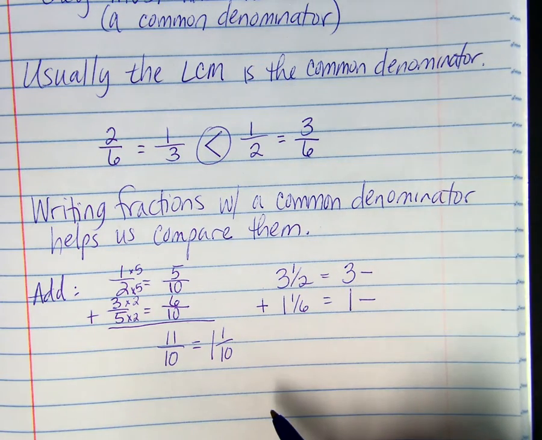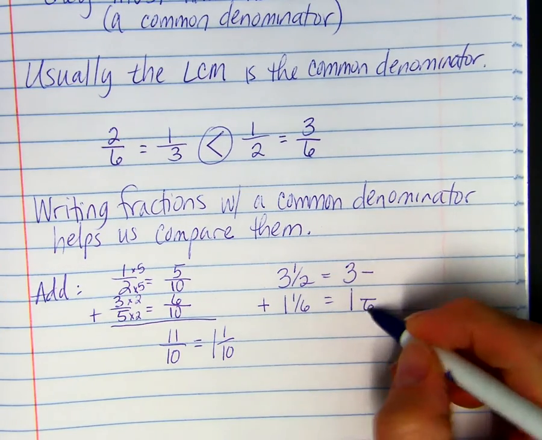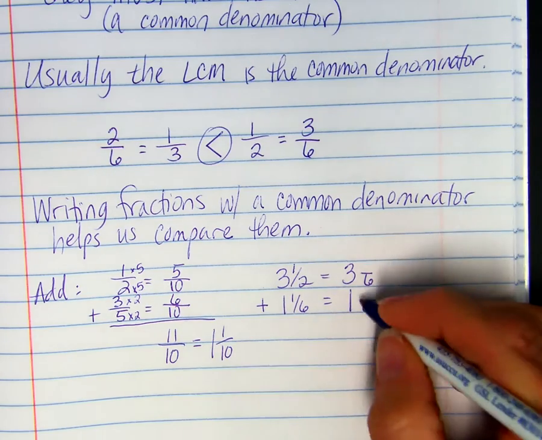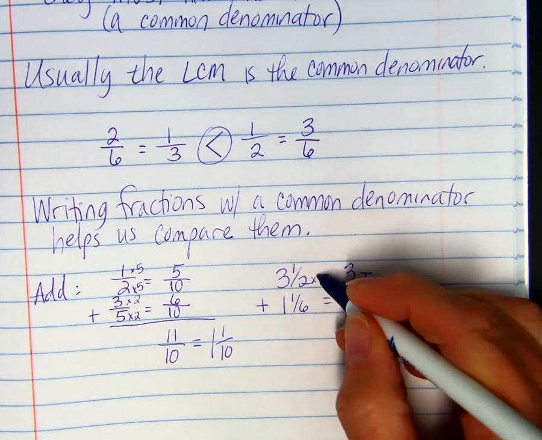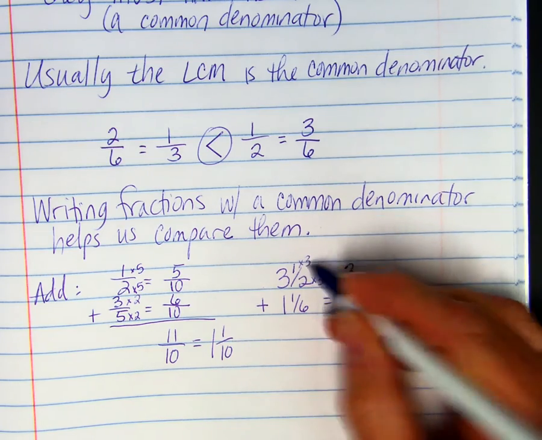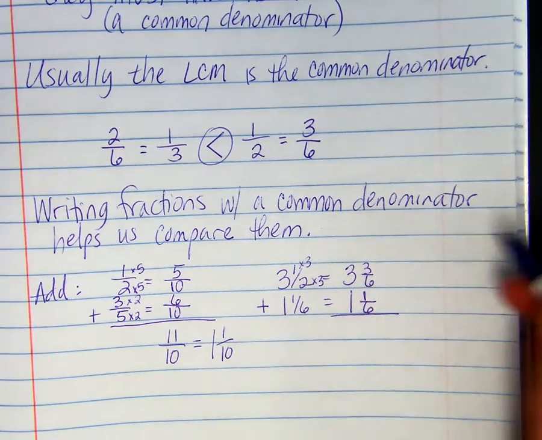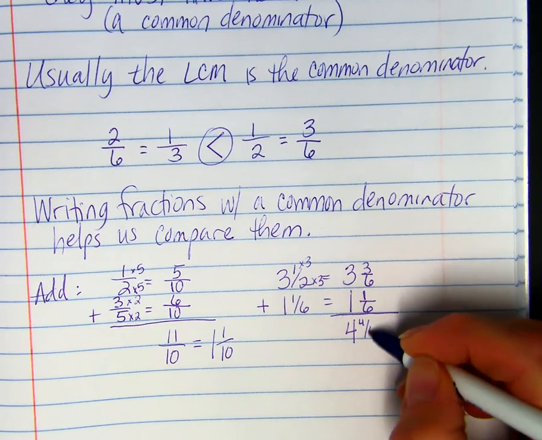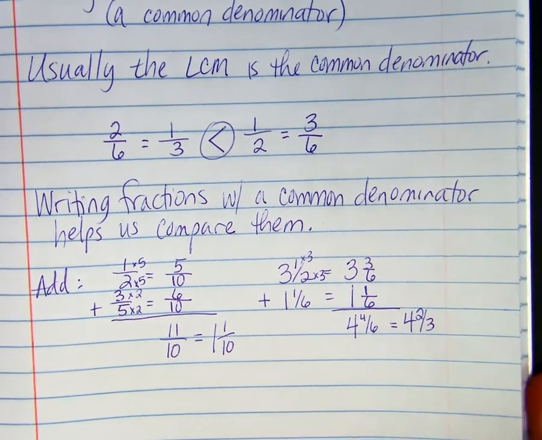So 6, 12, well 6 is divisible by 2, so we'll put a 6 there. 6 times 1 is 6, 1 times 1 is 1, so 1/6 is just 1/6. 2 times 3 is 6, 1 times 3 is 3. So we have 3 and 3/6 plus 1 and 1/6 is 4, and 4/6, and then we can reduce to 4 and 2/3.